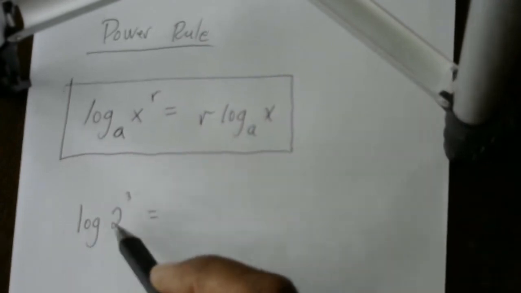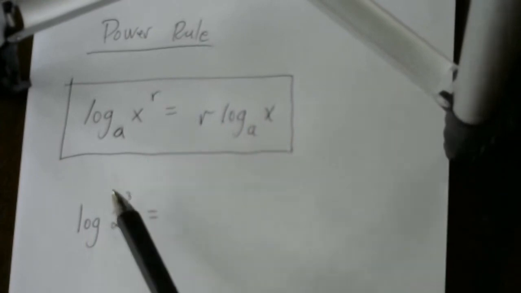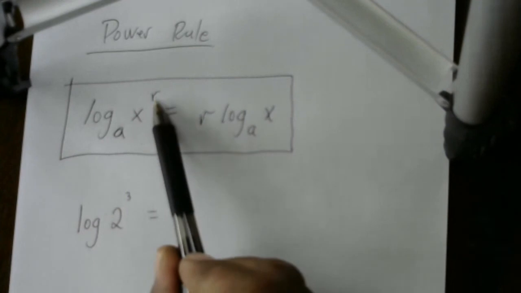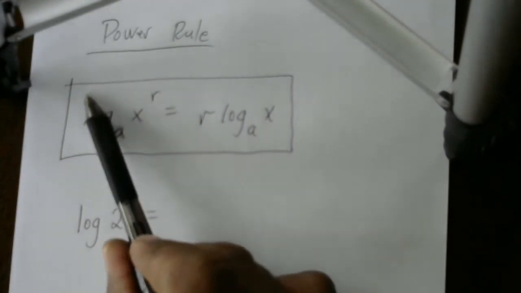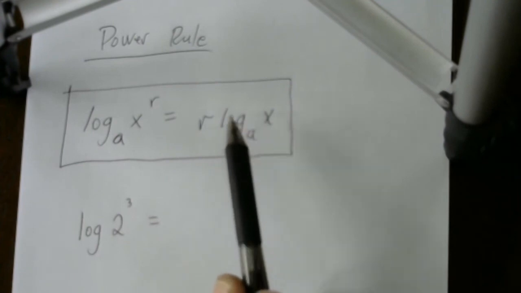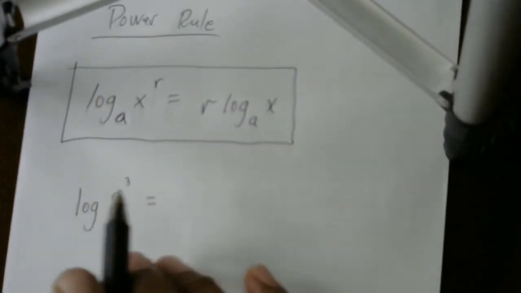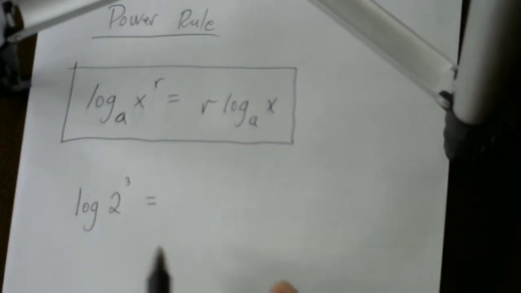I'm just writing 8 as an exponent. So now what this formula says is that I can take my power, shift it in front of my log, and I should have the same result.